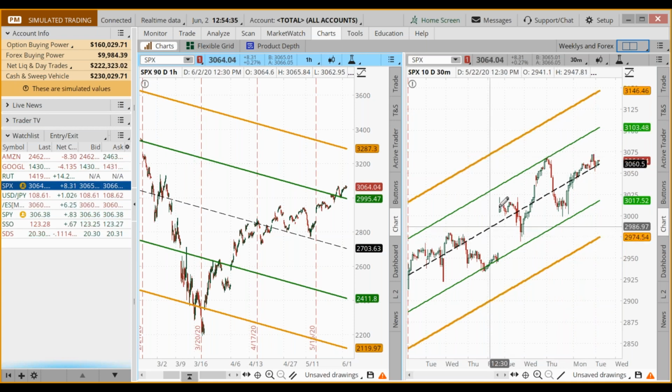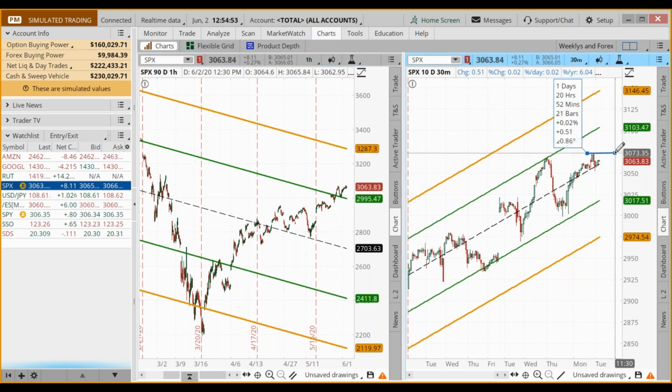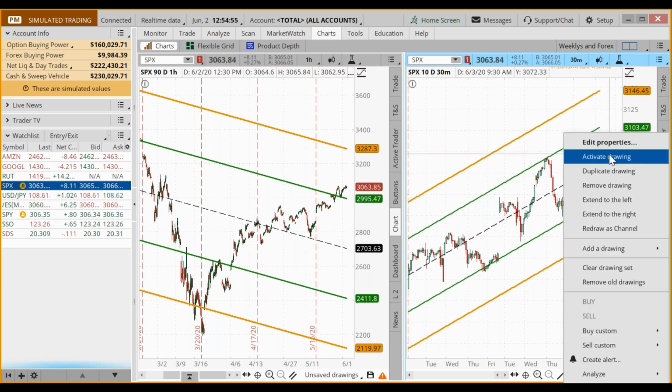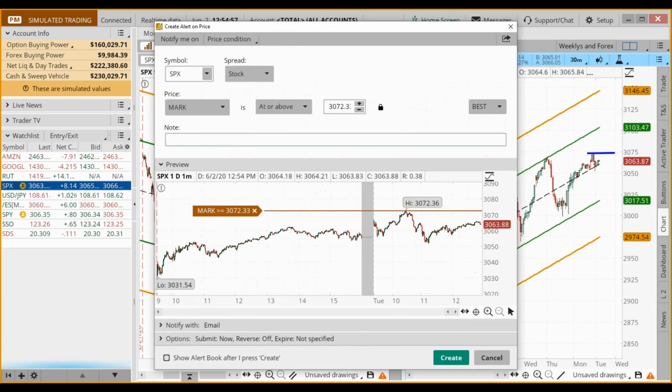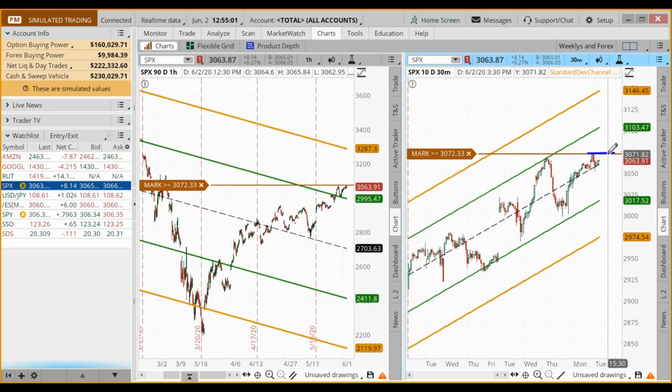The 10-day, 30-minute is trending up. I might want to see, it did pull back a little bit. I might want to see it go up here a little bit higher. But if it does, let me create an alert on that one, at or above. If it does, I think that might be a good time for a bull put short term. I think that's a good observation, Richard.